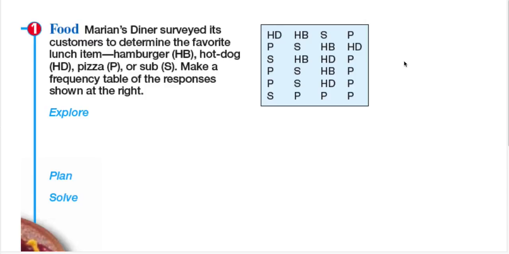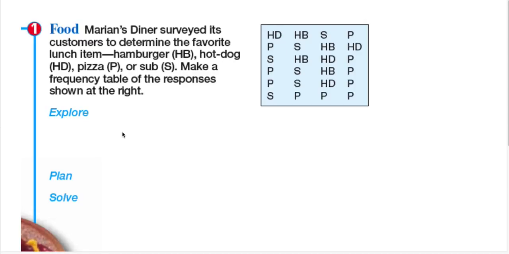So in this particular table, it shows the responses of people: HB for hamburger, HD for hot dog, S for sub, and P for pizza.